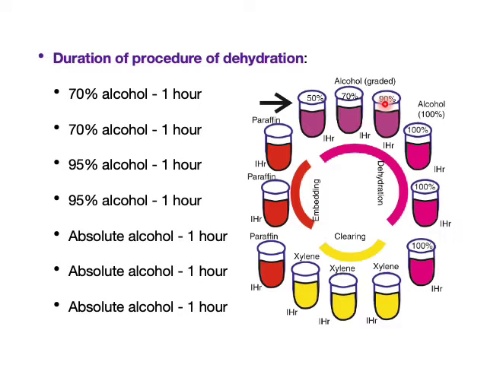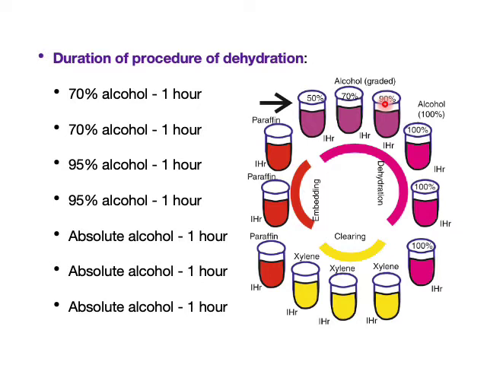From there we'll change into absolute alcohol for 1 hour, which is kept in another bottle, and in another bottle again we'll be changing this one for 1 hour, that is absolute alcohol.